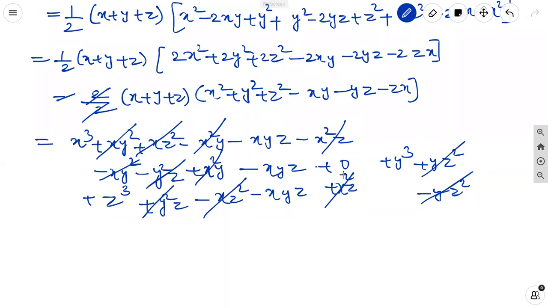All cancel, only cube terms are there: x cube plus y cube plus z cube and minus 1 minus 1 minus 1, minus 3xyz.